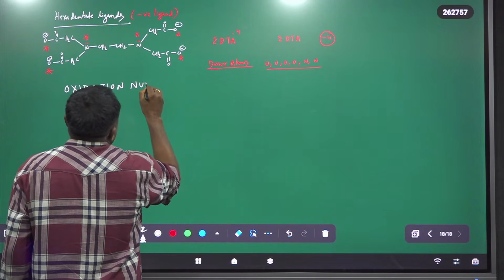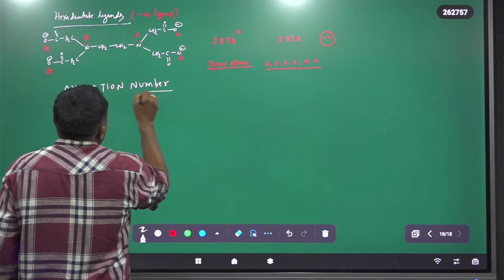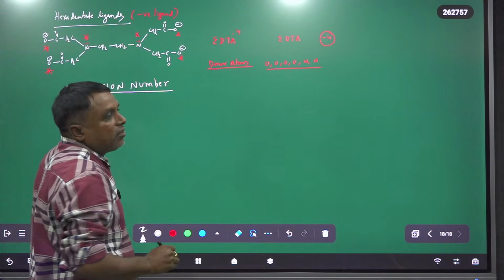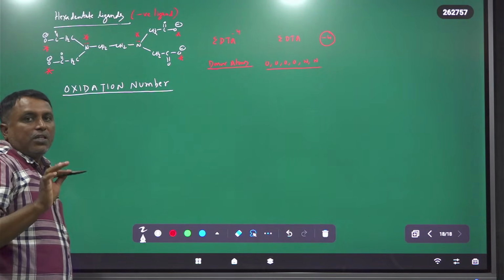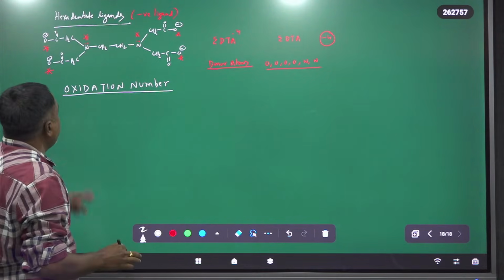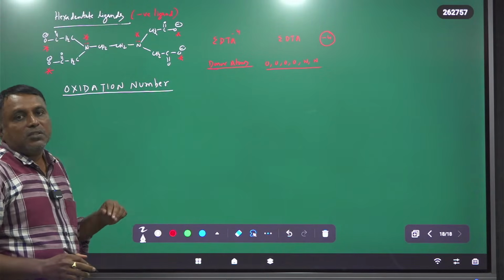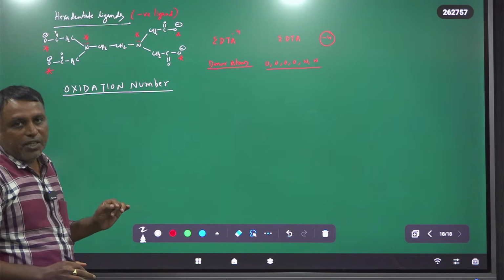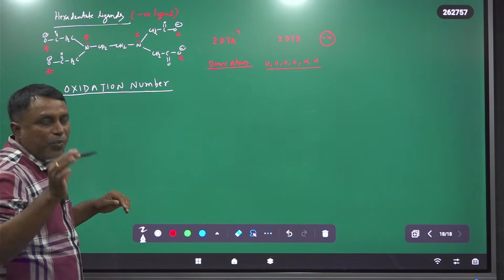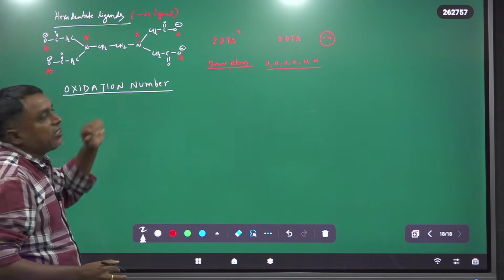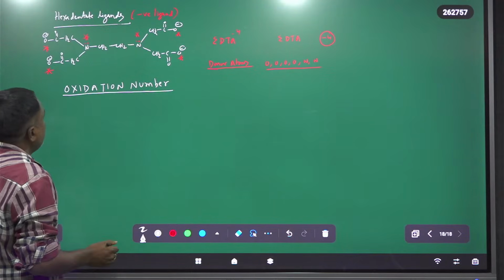What is the purpose of this oxidation number? While naming complex compounds, in the IUPAC nomenclature of complex compounds, we require the oxidation number of the central atom. Therefore, in order to name a complex compound, first you have to know what oxidation number is. So, what is meant by oxidation number?